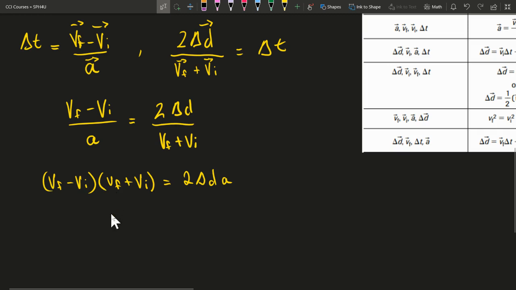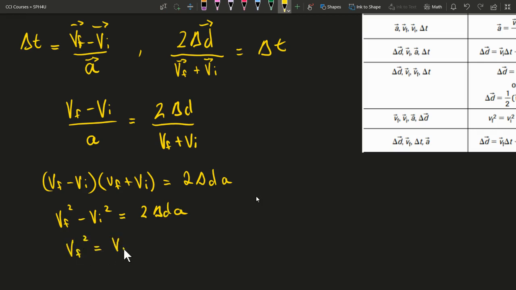So this turns out to be final velocity squared minus initial velocity squared, and that's equal to 2 delta D A. And if I add the initial velocity squared over, I end up with final velocity squared is equal to initial velocity squared plus 2 delta D A. And you would find this as your third kinematic equation.